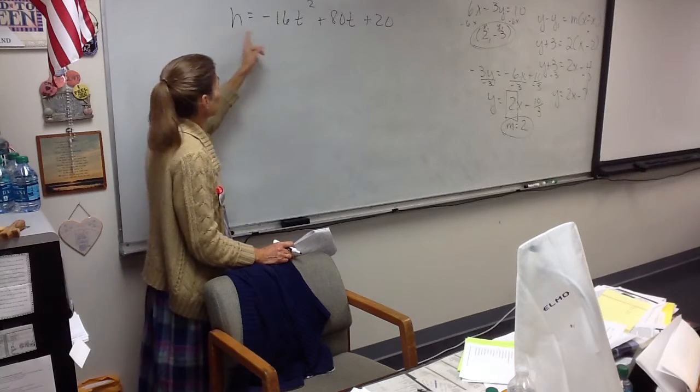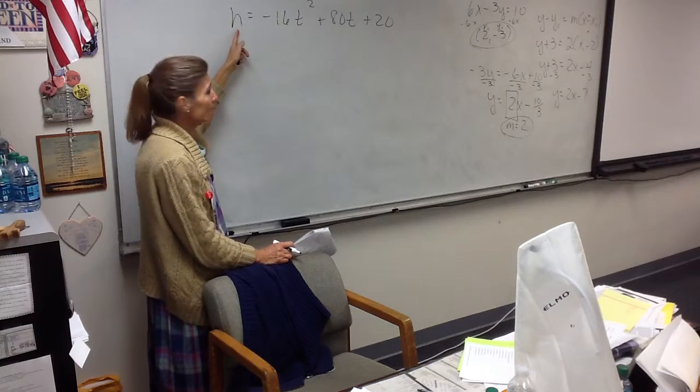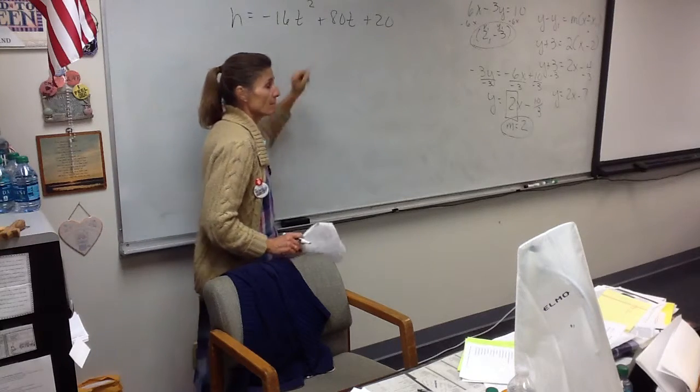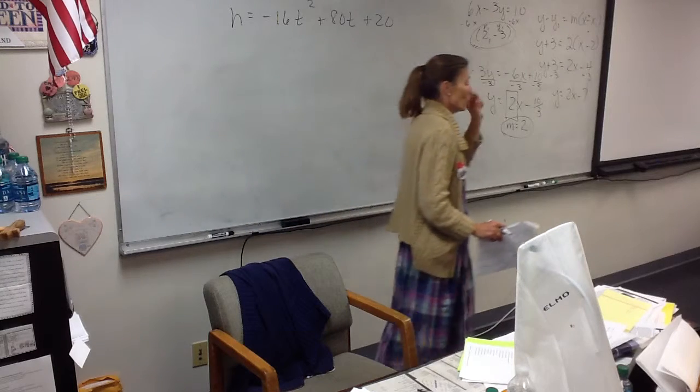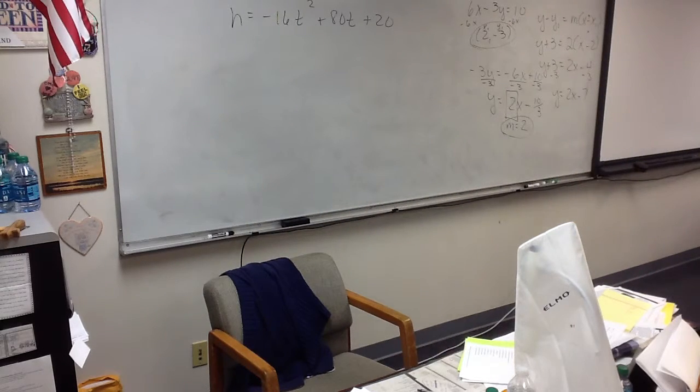What does this stand for? Height. What does this stand for? Time. When the question says, when is the ball on the ground, I have to plug in something for either h or t. They didn't really give me a number in this problem. I kind of have to use my own smarts.